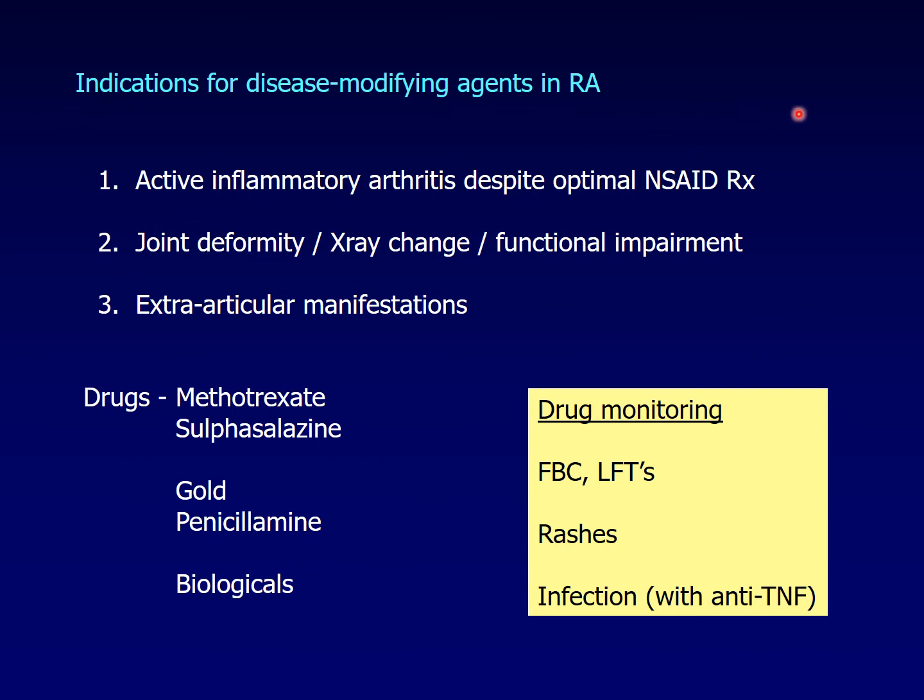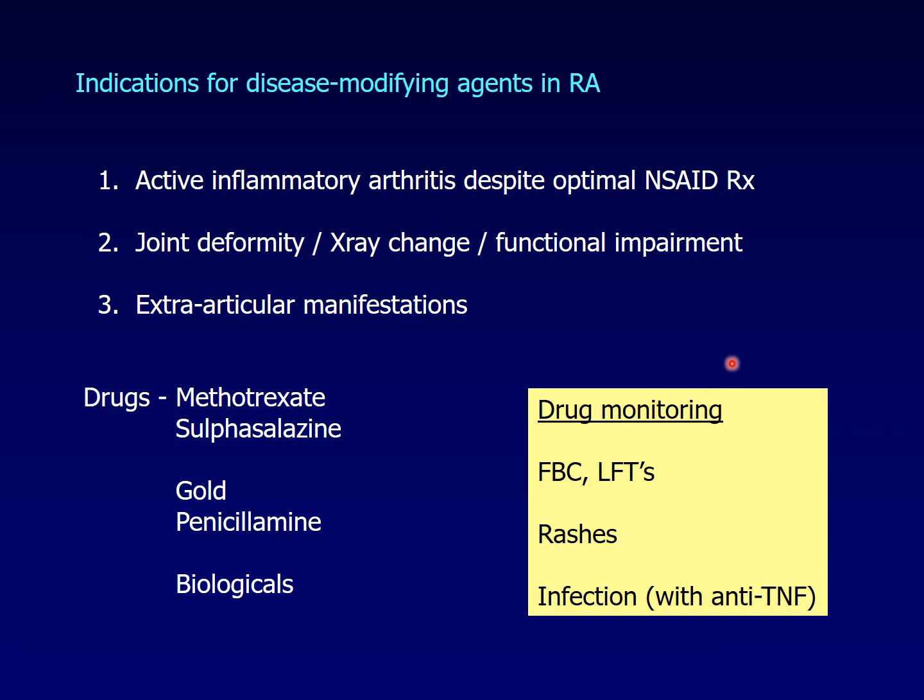So these are the main drugs, called disease modifying agents, that is the DMARDs, disease modifying anti-rheumatic drugs. We have to give them to all patients according to their symptoms, deformity and disability.